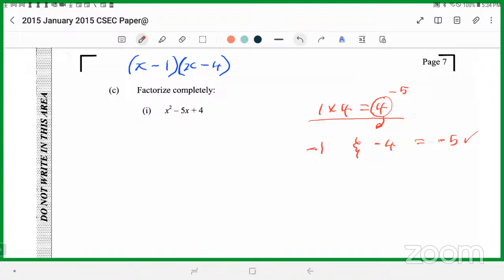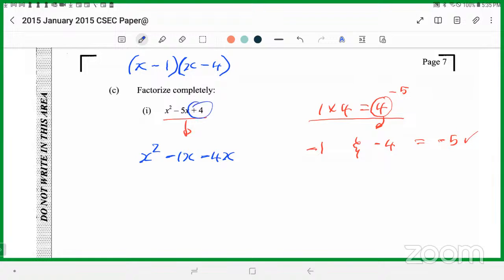All right? So when you split out this middle term using these, this stays as it is, x squared. Then it is minus 1x, which I can just write as minus x, minus 4x.